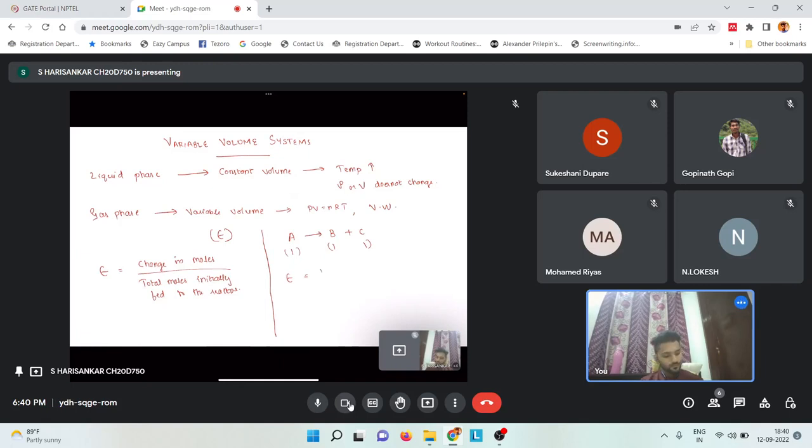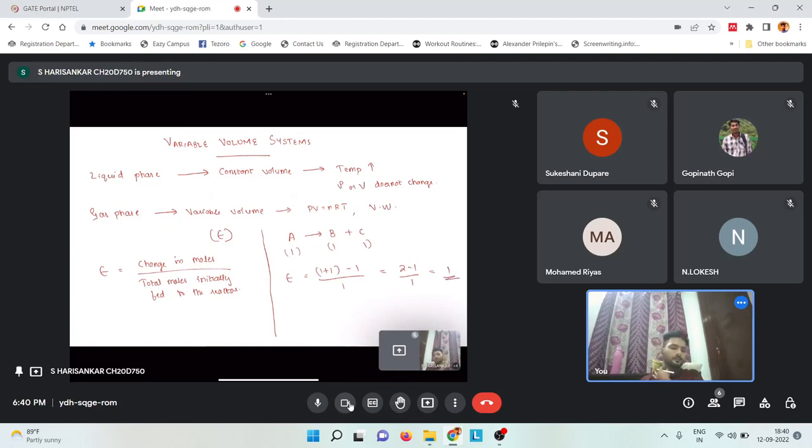So this is 1 plus 1 minus 1, divided by the total moles initially fed to the reactor, and that is just pure A, 1 mole, so that is 1. So this is basically 2 minus 1 by 1, and that is 1.